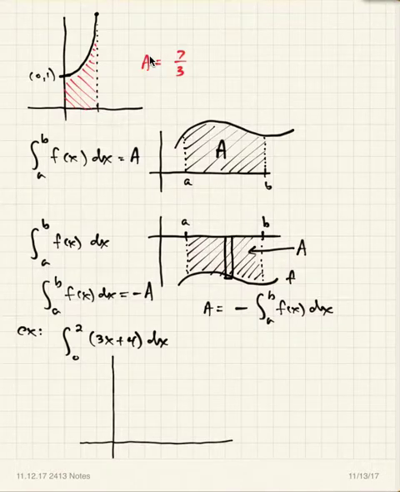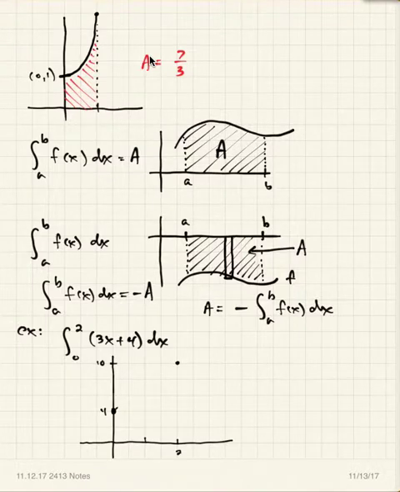at x equals 0, the function is at 4. So let's say that that's 4 right there. We're counting by 2's, so that's 4, and then 6, 8, 10. Here's 10 right here. And at x equals 2, this function would be up here at 10.